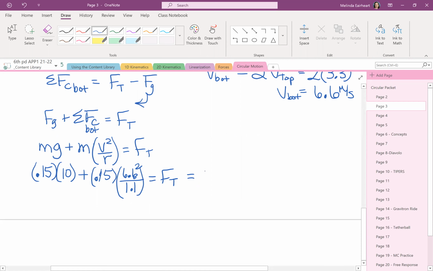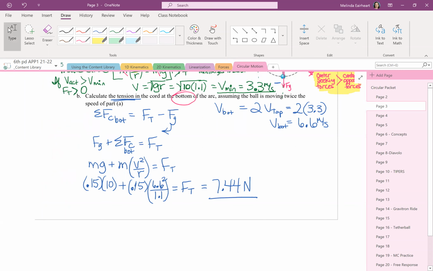Is that what you said? Yeah. 7.44. Oh, not meters per second. What's our unit for tension? Newtons. So it's 0 at the top, 7.4 newtons at the bottom.